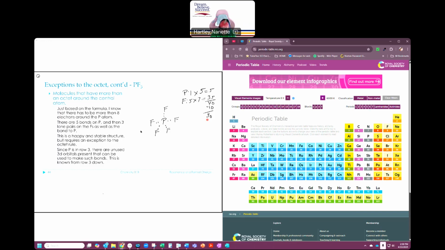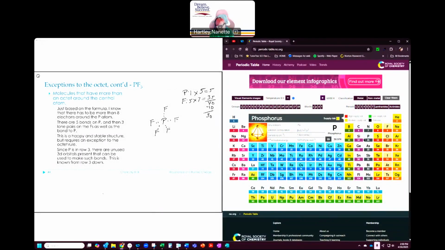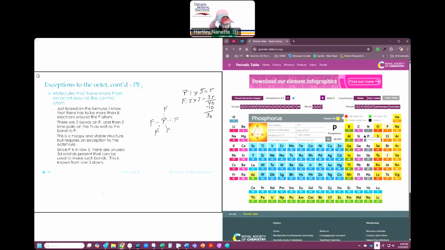That's a problem. Well, no, not really, because that's what he does. And phosphorus, being in this 3rd row, has empty d orbitals that he can use to make that many bonds. So he can do this. So it's perfectly acceptable for him to do that.